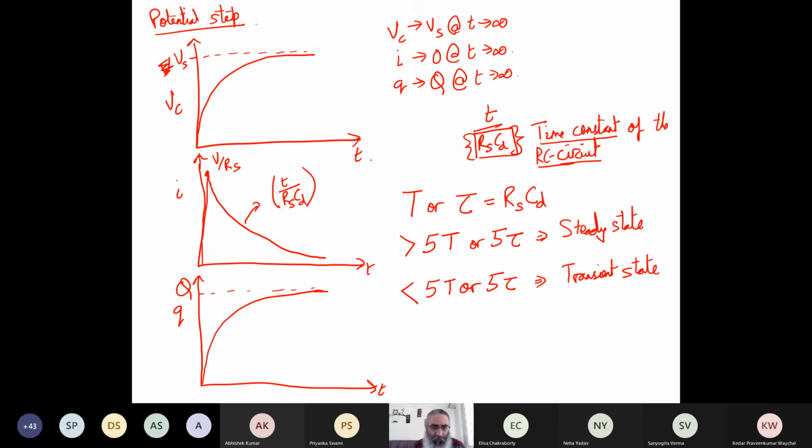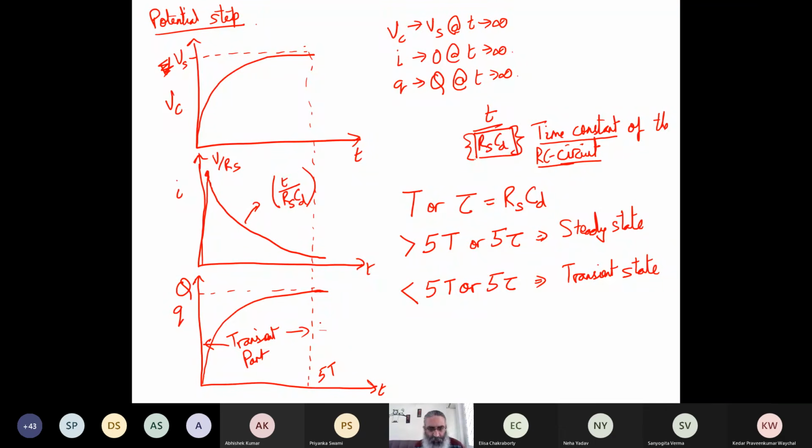So let me, in this graph, because I have the way I wanted to write this, if I say this is my 5 times the time constant, so this entire part is a transient part, and from here to here, you will see a dynamic evolution of charge, current, or voltage across the capacitor.